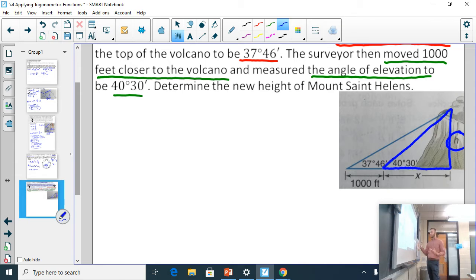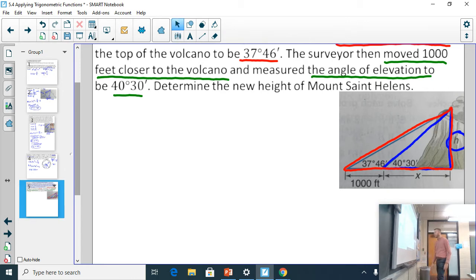So first things first, we need to find x. And to use that, let's look at this larger triangle, which I'll outline in a different color. We got two triangles going on here, two different right triangles. Right? So we're going to have to create two different equations.